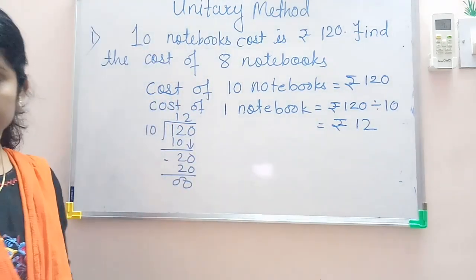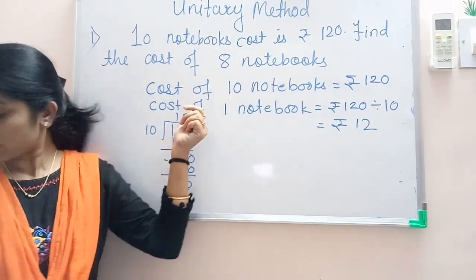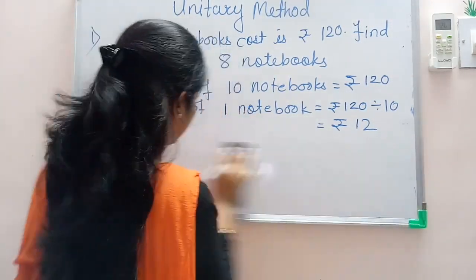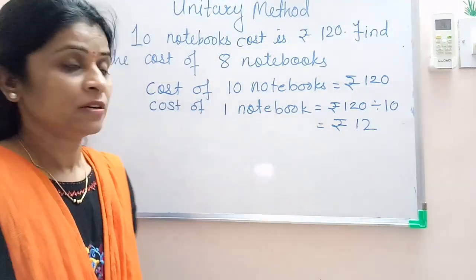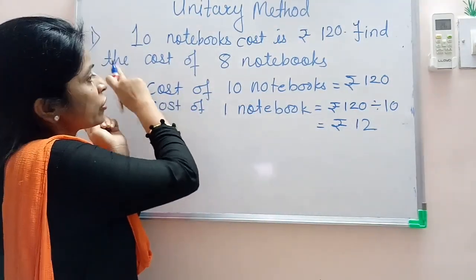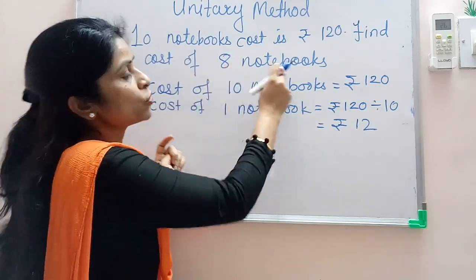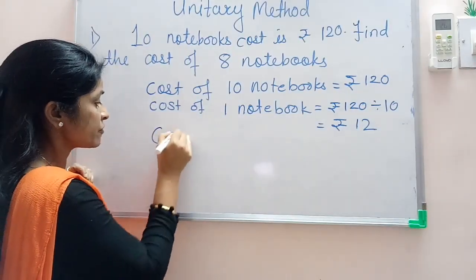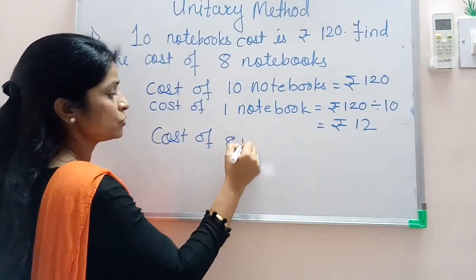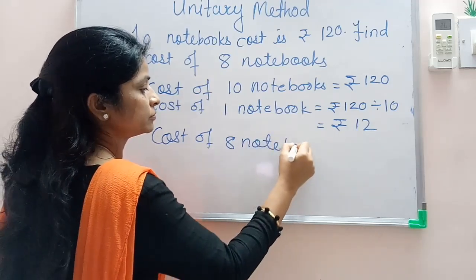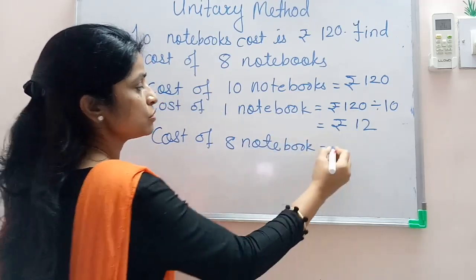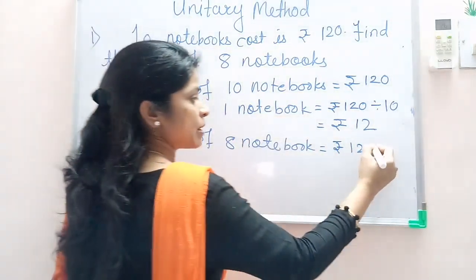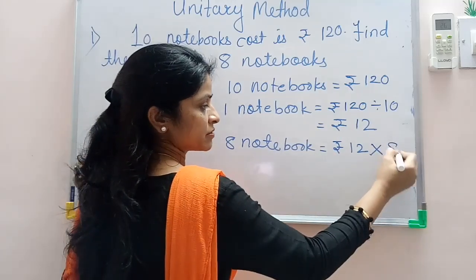Now here we got the cost of one notebook, that is rupees 12. Now what is the next? What is the cost of 8 notebooks? Now we have to find out the cost of 8 notebooks. Now cost of 8 notebook is equal to cost of one notebook, that is rupees 12, multiplied by 8.